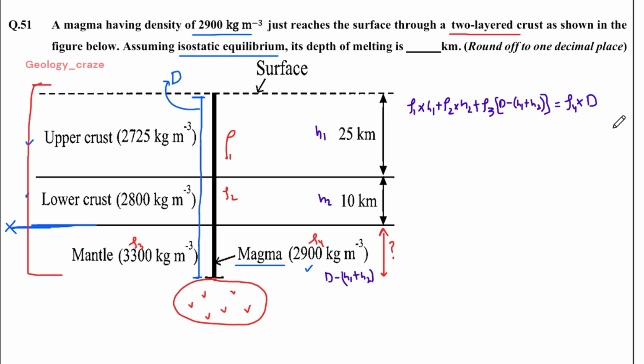So now just simply putting in the values, we will calculate our answer. What are the values? We just multiply these two.